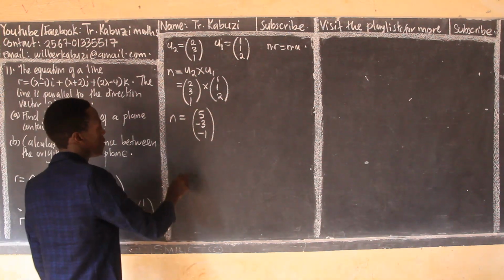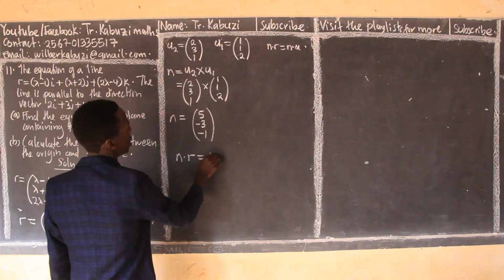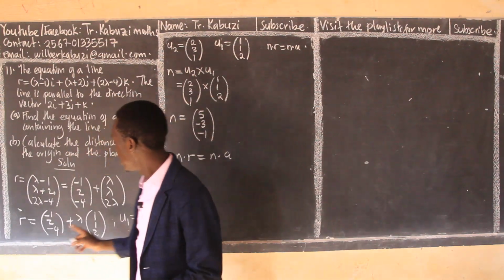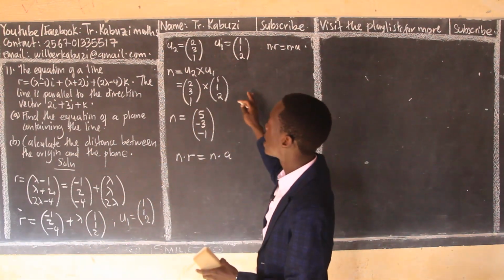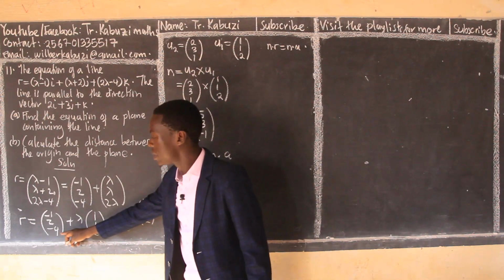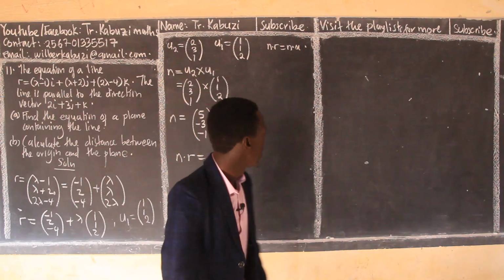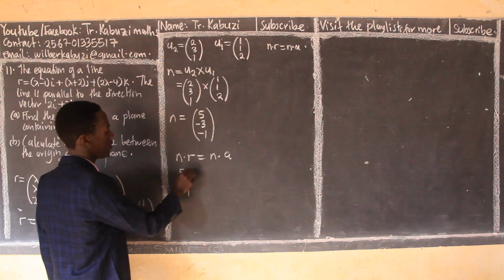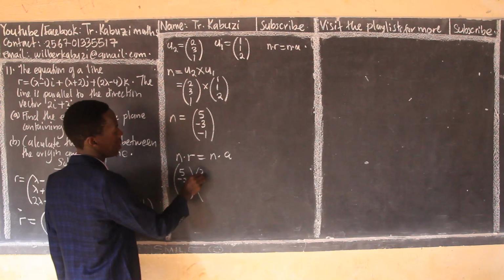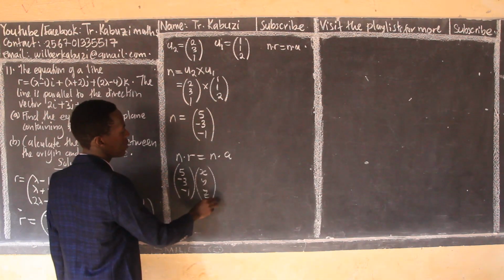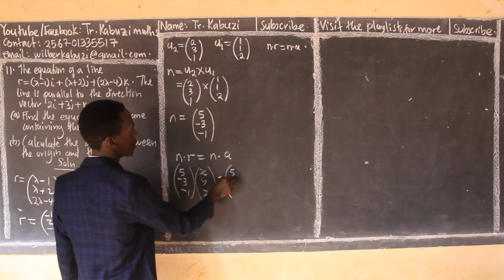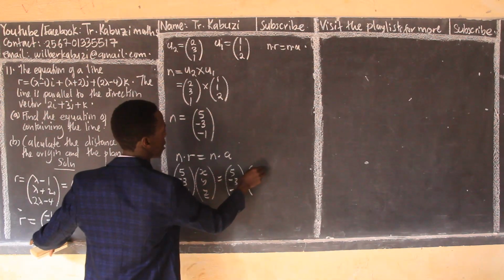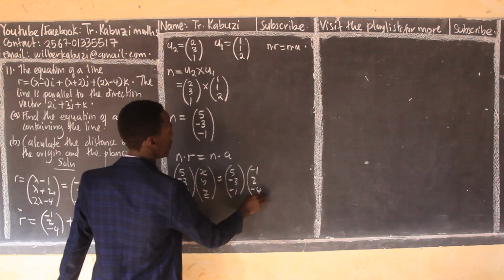Now I substitute in the formula n dot r equals n dot a. Where do we get the a? Because this line is contained in the plane, I will take this point on the line. So I have (5, -3, -1) dotted with the general (x, y, z), equaling (5, -3, -1) dotted with the point A, which is here: (-1, 2, -4).